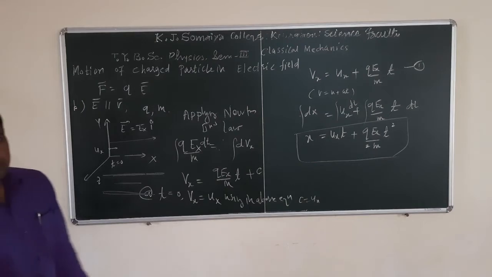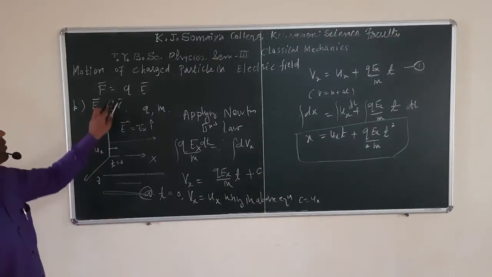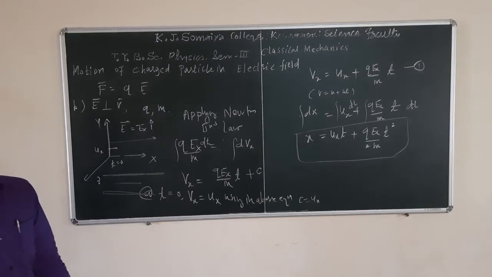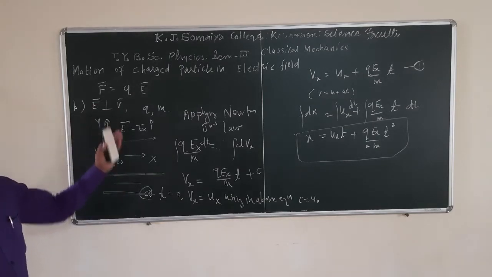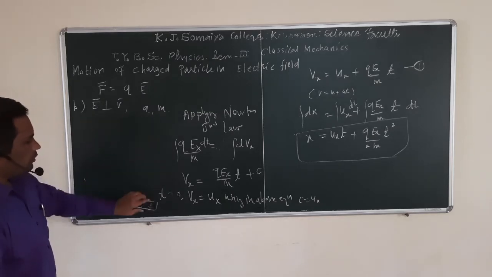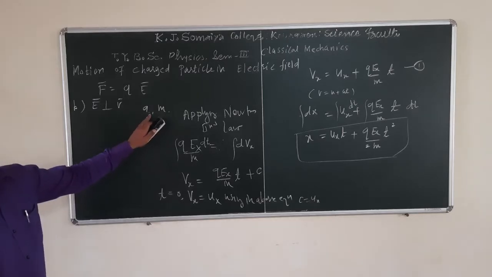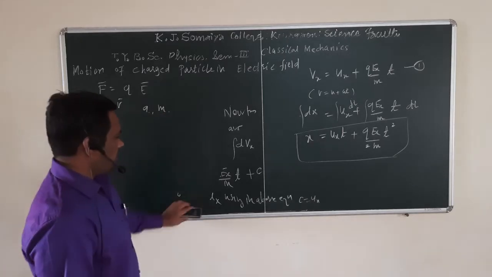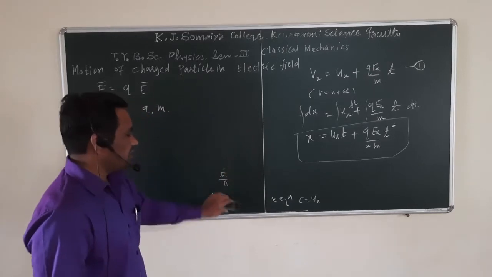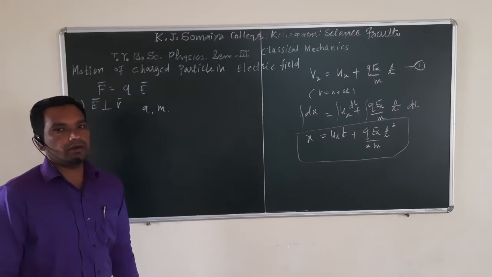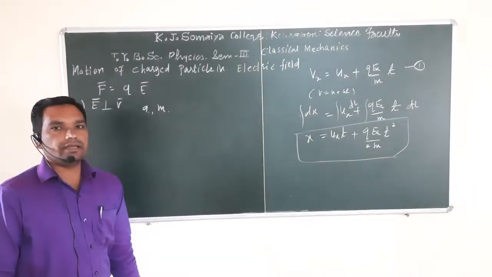Now moving to the next section, which is the second part. If we apply an electric field perpendicular to the direction of velocity, suppose E is perpendicular to V, in that case we have to find out the motion of the charged particle. Suppose we have a charged particle with charge q and mass m which enters an external electric field such that its initial velocity is perpendicular to the electric field.